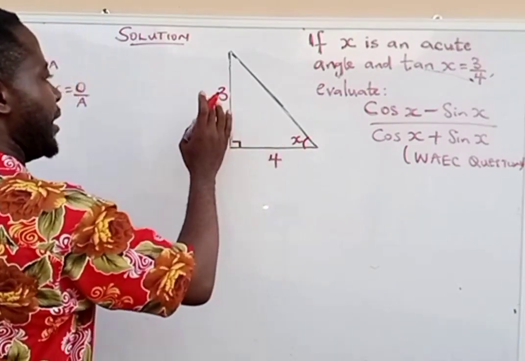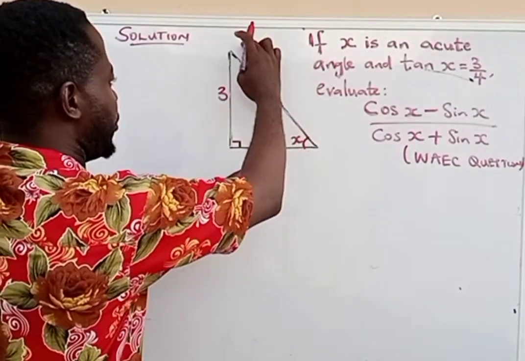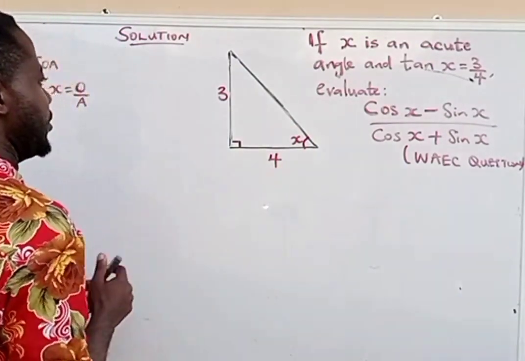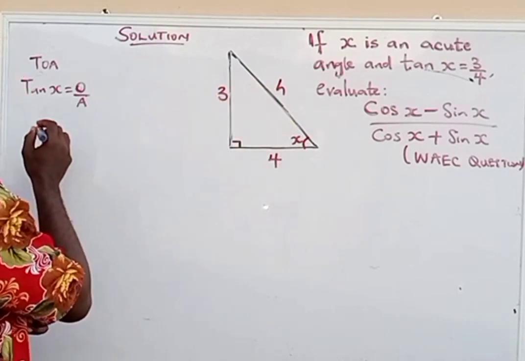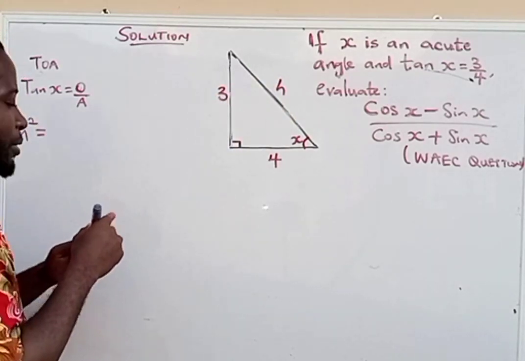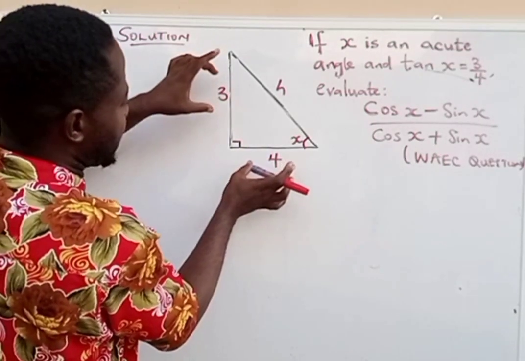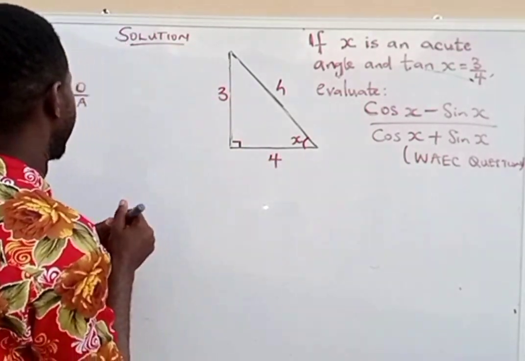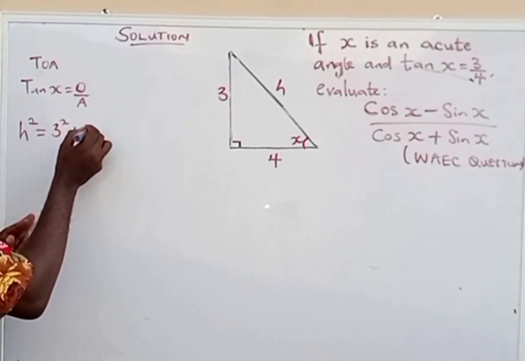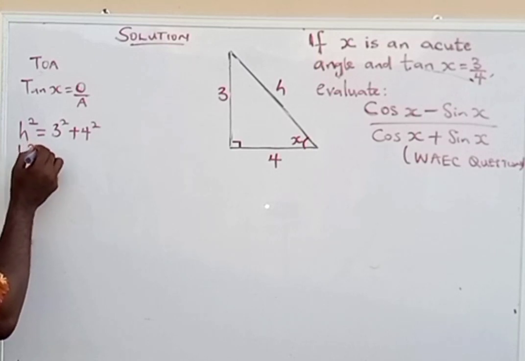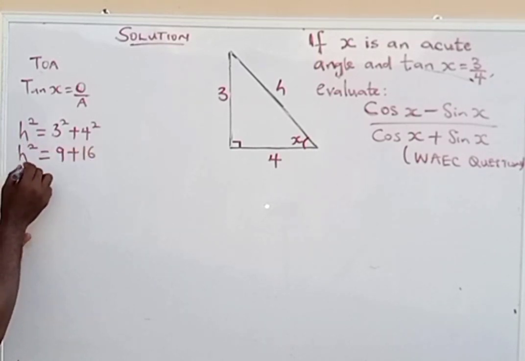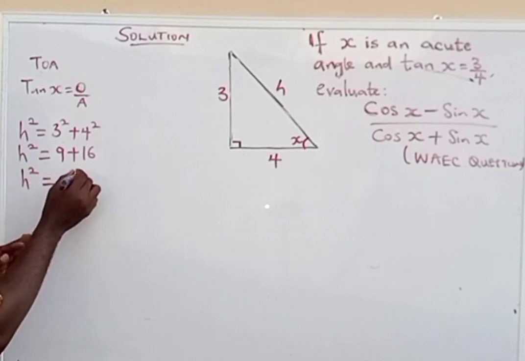Now, we need the hypotenuse side. In order to get the hypotenuse, I'm going to use Pythagoras theorem. So h squared equals the square of the adjacent plus the square of the opposite. That gives me 3 squared plus 4 squared, so h squared equals 9 plus 16, which is 25.